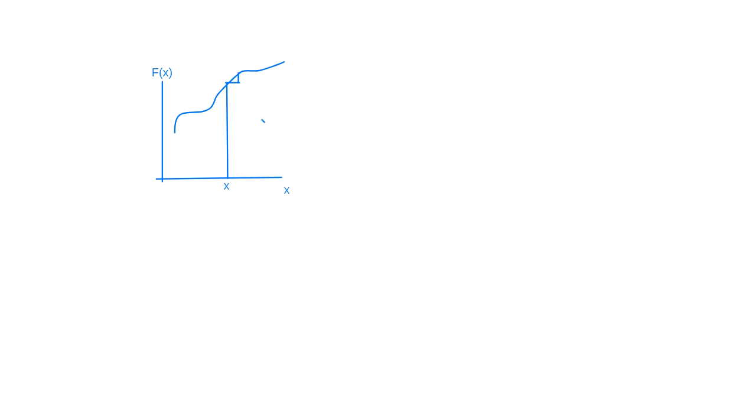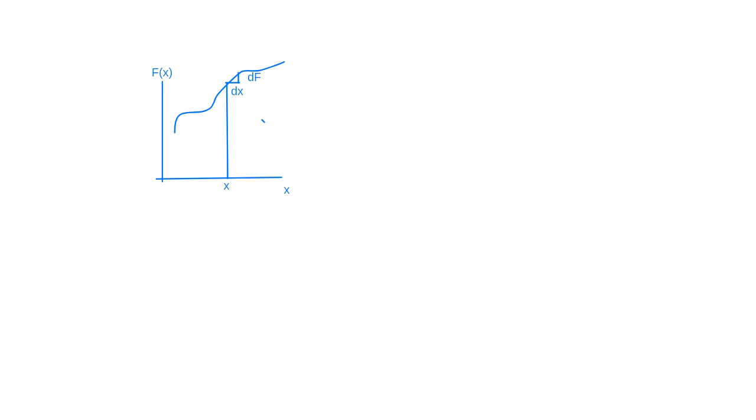Okay, now I'm gonna put in some text. So the rise is df, the run is dx, right? But df upon dx, what is that equal to?